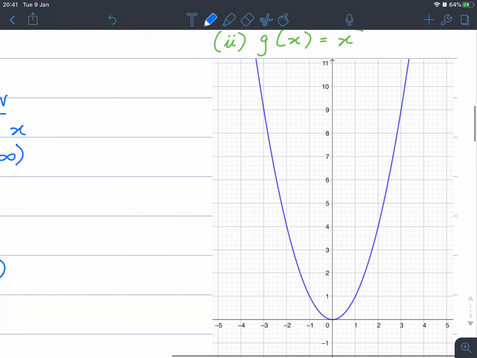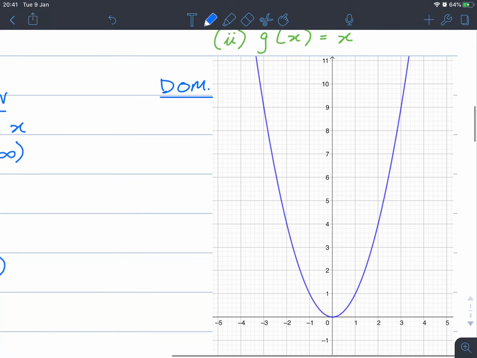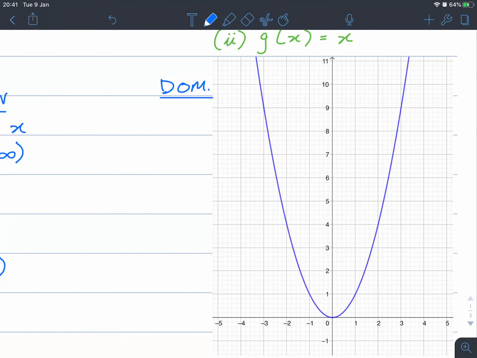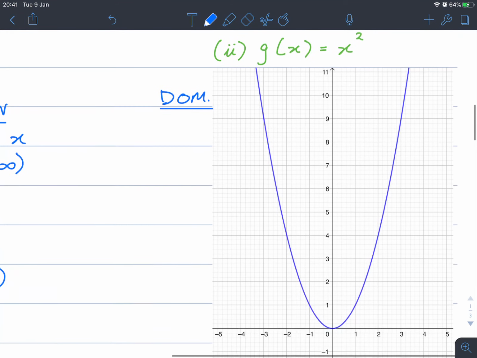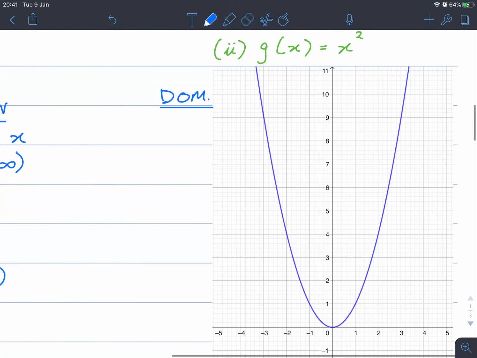Okay, let's look at the domain. Are there any x values that are undefined in this function? Are there any that are not allowed? Well, I can't think of any. If I pick 5, f of 5 becomes 25, that's allowed.